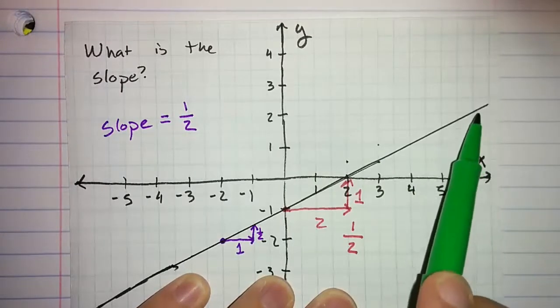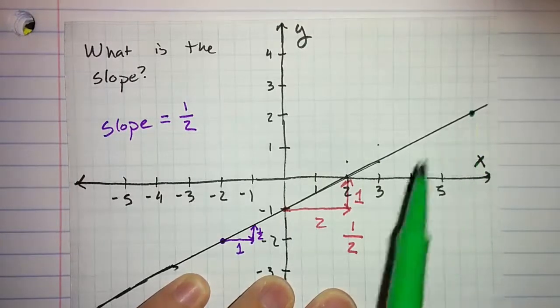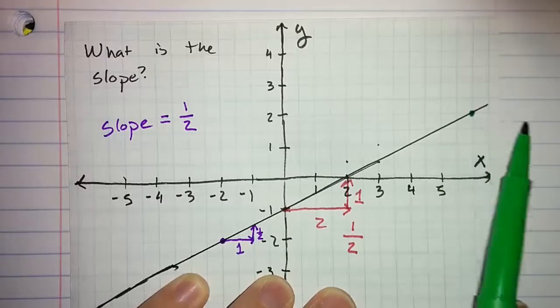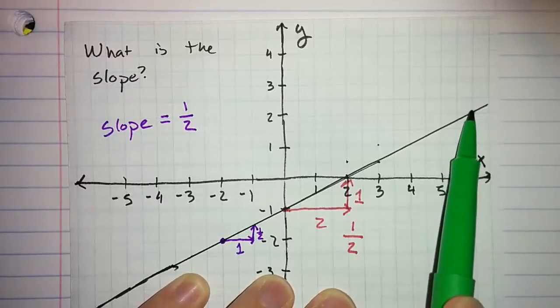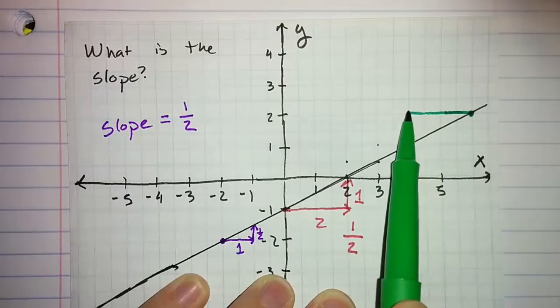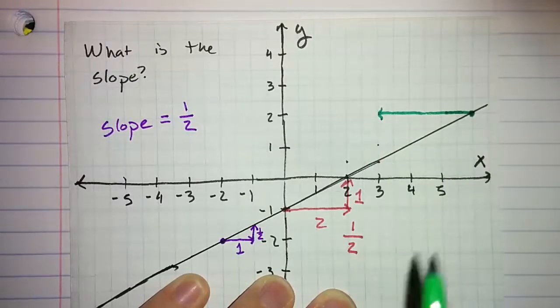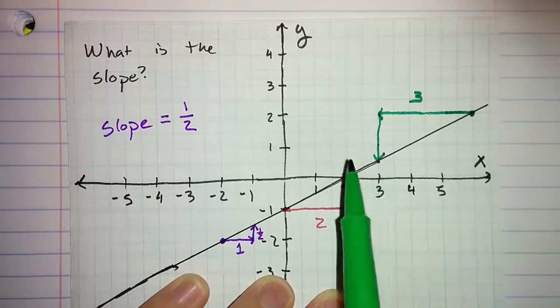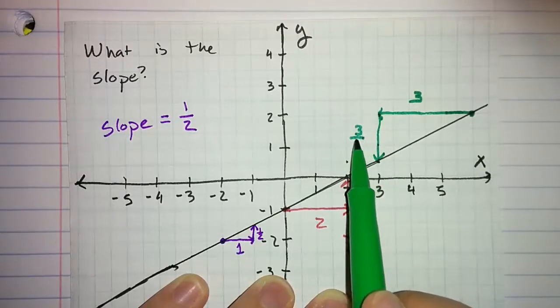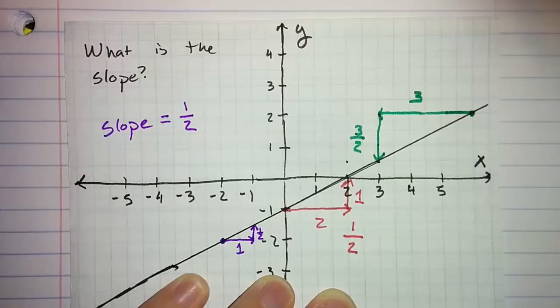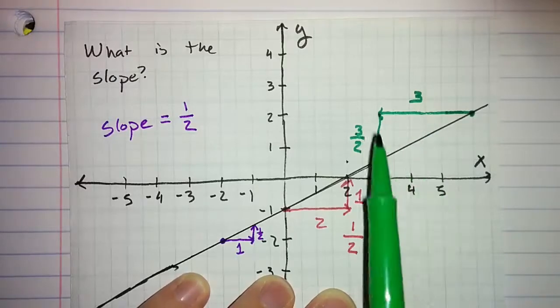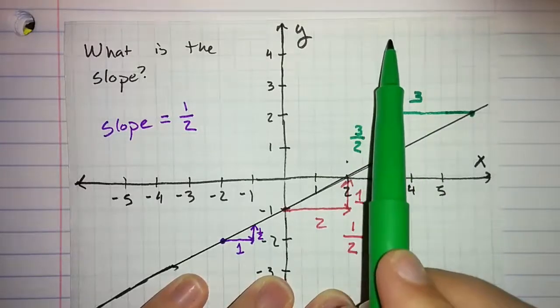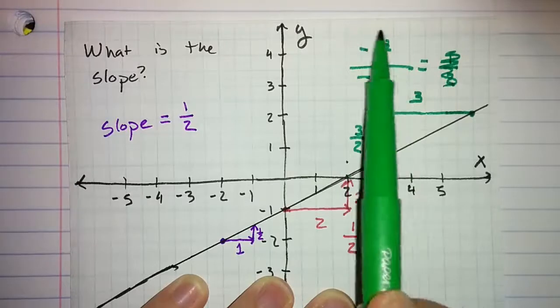We could start at this point out here, and now there isn't space to go to the right, but maybe we could go, we're being weird, right? We're going to go 3 units to the left, and then how far did we have to go down? A half, 1, 1.5, or 3 halves units down. So this slope, right, this is a little bit weird. This is going to be -3 halves.